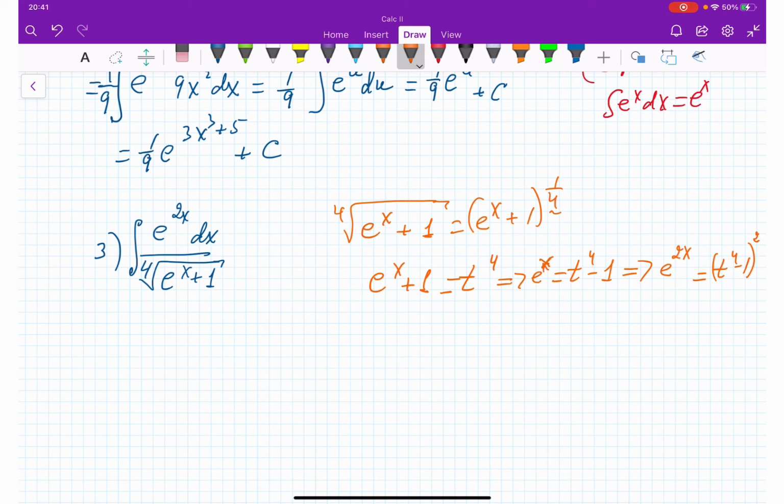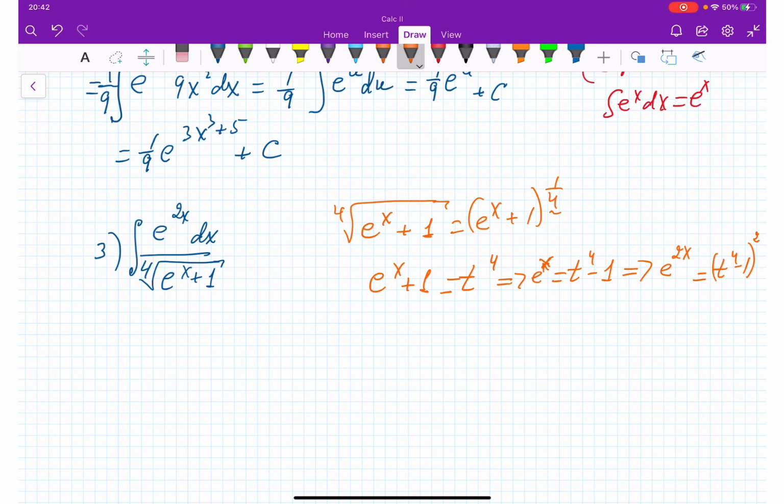Next, we have dx, right? We expressed e to power 2x through t. The denominator we also express through t, because e to power x plus 1 is t to power 4. The only thing left to express is dx.